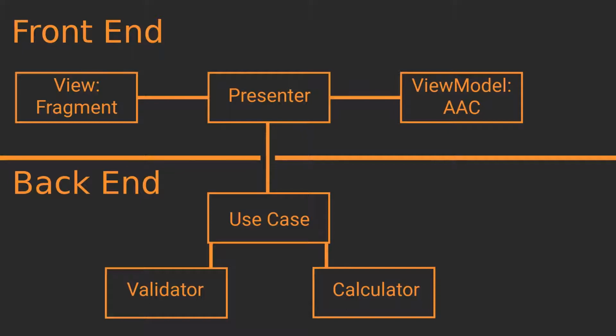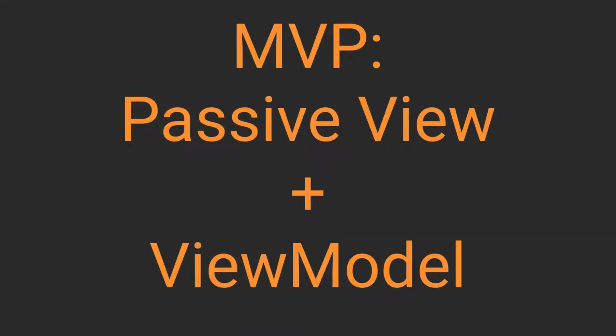So anyways, if you really want some keywords to look up, we could call this architecture Model View Presenter Passive View. So passive view is sort of a derivative of Model View Presenter, where the view is kept very, very simple. And there's also a view model as well.